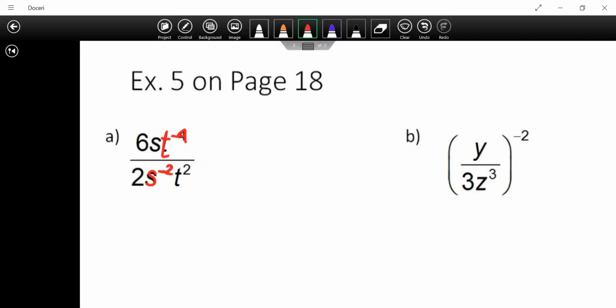The bottom goes to the top, the top goes to the bottom. This will be 6s, and then our bottom s squared will be up on top now. All over 2 remains the same. The top t goes to the bottom, so there's going to be t to the 4 on the bottom now. And then our last term, t squared.